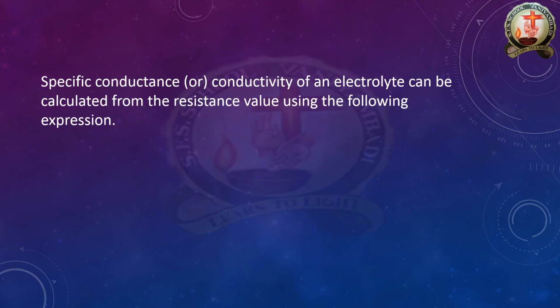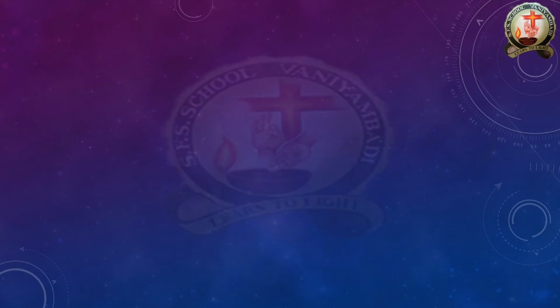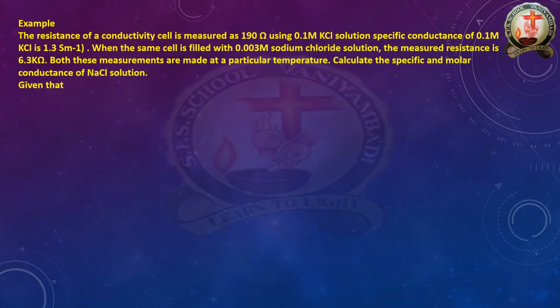So the specific conductance or conductivity of the electrolyte can be calculated from the resistance value using the following expression. You know that one? Conductivity is equal to the reciprocal of resistance multiplied by the cell constant. So with the help of specific conductance, I am going to explain one sum here. The sum is: the resistance of a conductivity cell is measured as 190 ohms.